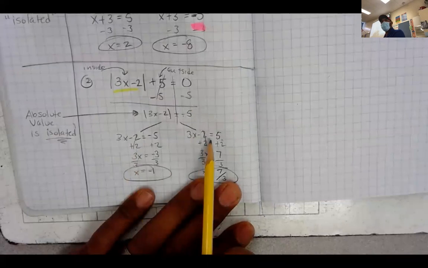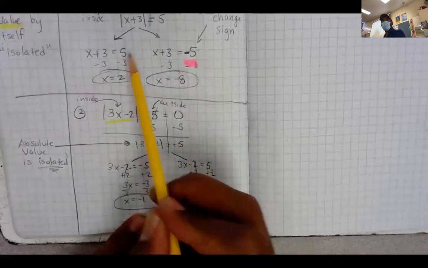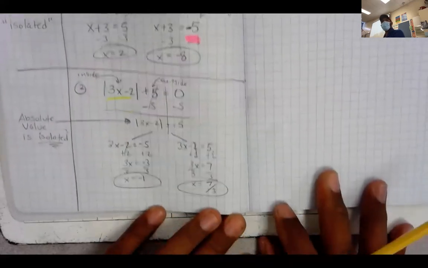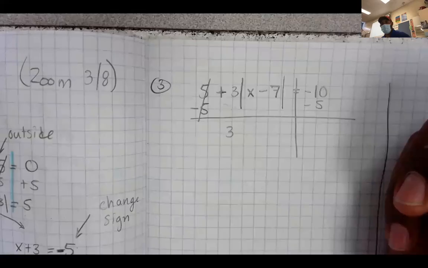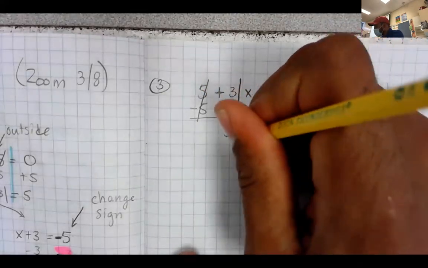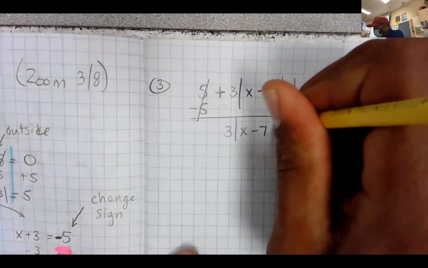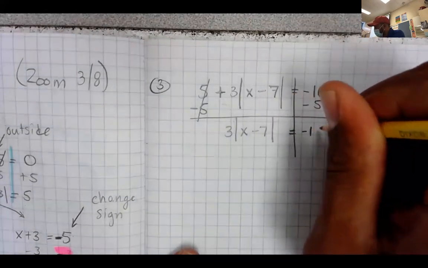But again, when I split it into the second one, I change the sign of that second number, just like we did up here, whereas the first one was positive and the second one was negative. Okay, so that cancels out. And then I still have 3 times x minus 7 equals now negative 10 minus 5, which would be negative 15.